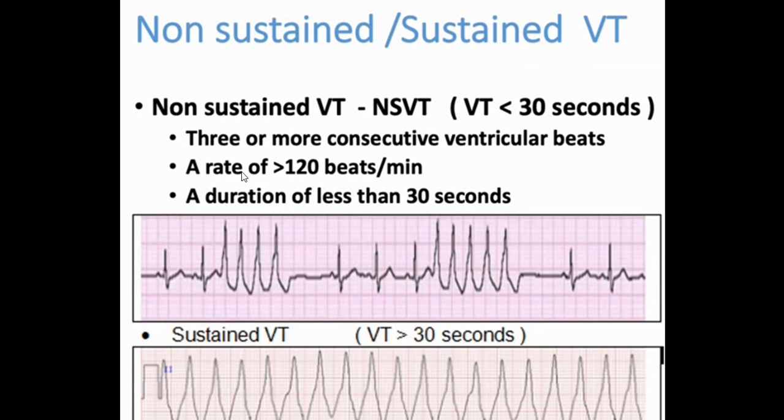The rate may be more than 120 per minute, but the duration is less than 30 seconds. Classical, this. These are 4, these are 5. This we'll call non-sustained. And when you get it continuously for more than 30 seconds, we call that sustained ventricular tachycardia.